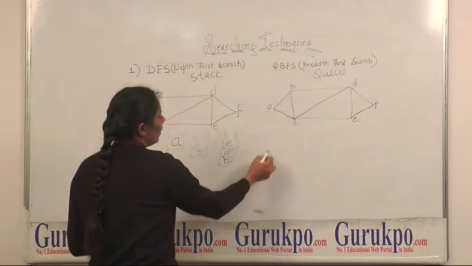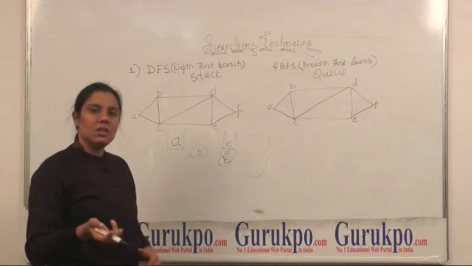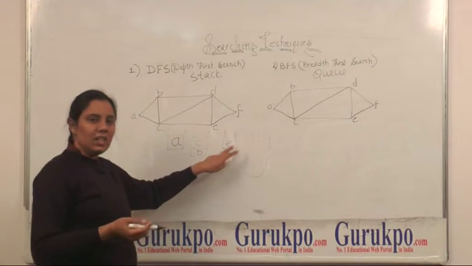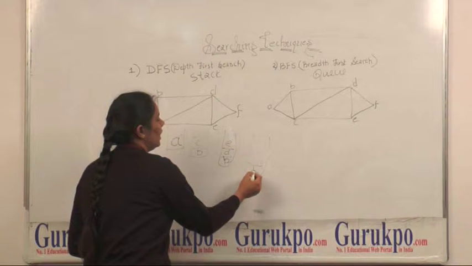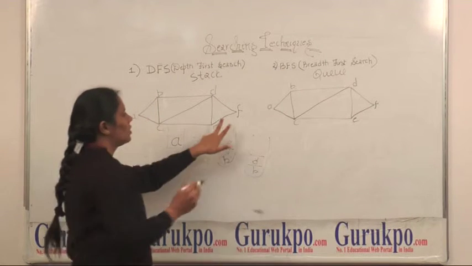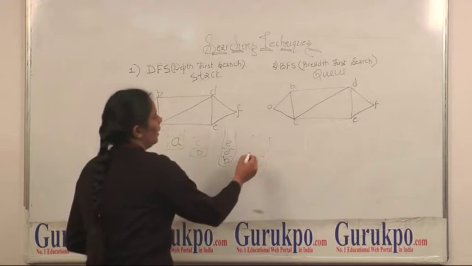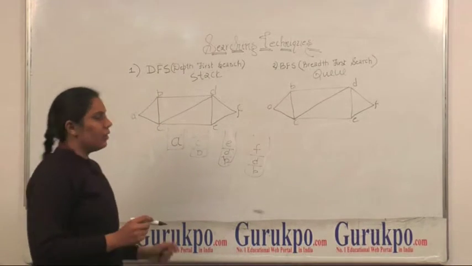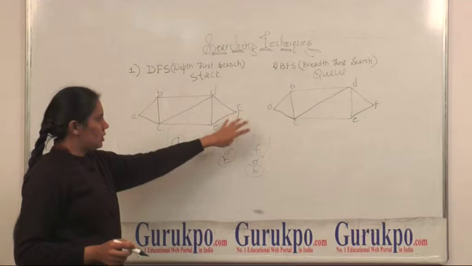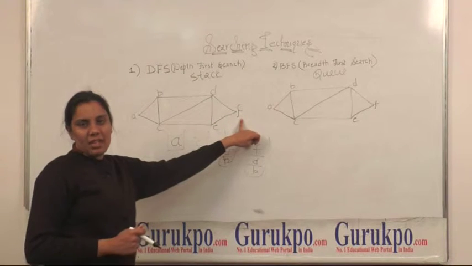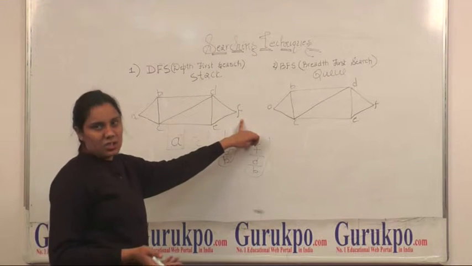Now what is at the top of the stack? That is E. Now we will be removing E and writing its connecting node. There is only one child, that is F. Now we have seen that F doesn't have any connecting node or any further child.